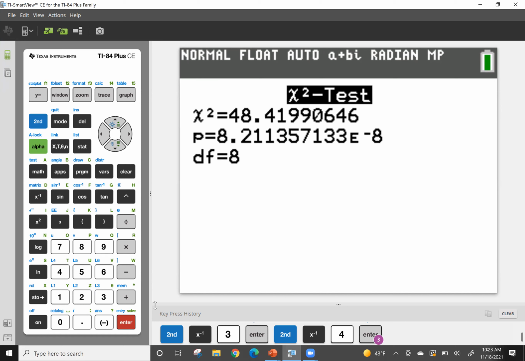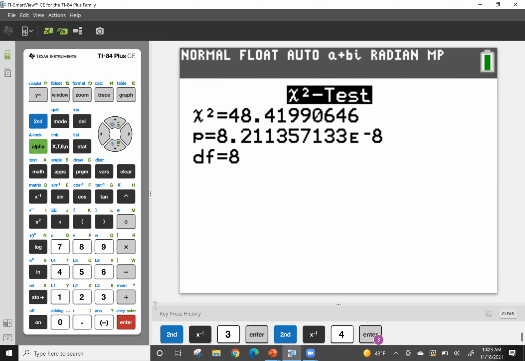And that is about as small a p-value as you can possibly get. What does that mean? Your need to succeed and your anxiety level are seriously not independent of each other.